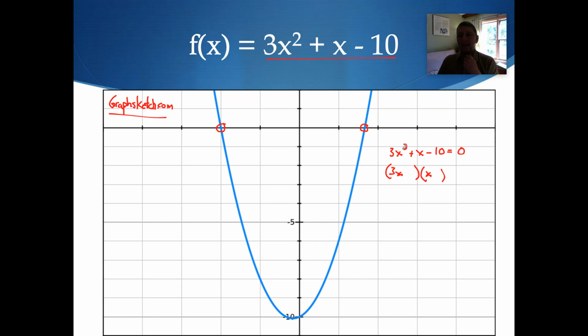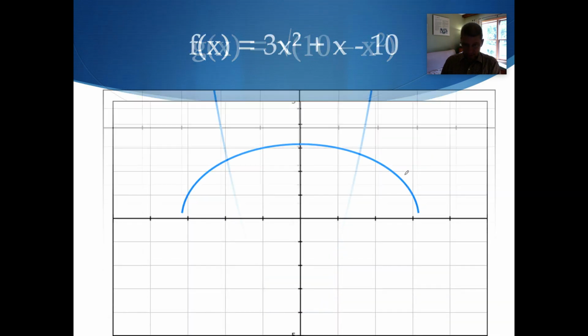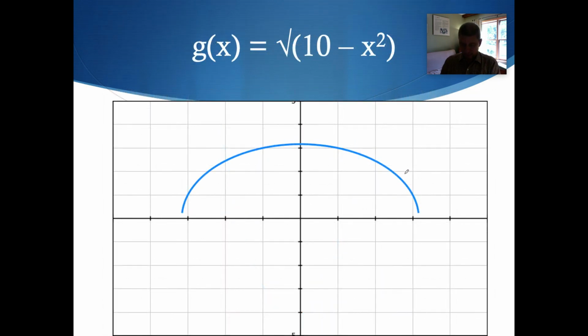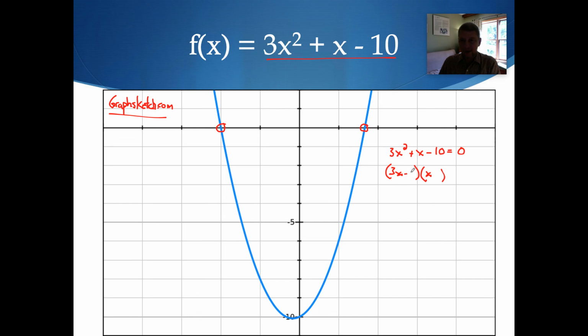Now, I need two factors, one of which multiplied times 3 plus the other is going to give me positive 1. My guess is -5 and positive 2, because 3x times 2 is 6x minus 5x is x. So that seems to be reasonable.